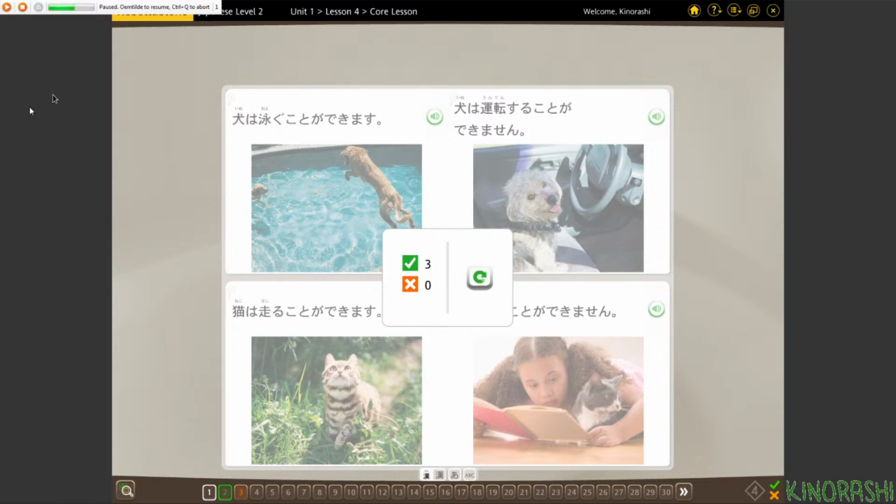Alright, I'll figure this out. Dekimasu, I can. Yeah, that's what we've... Oh, koto means something?